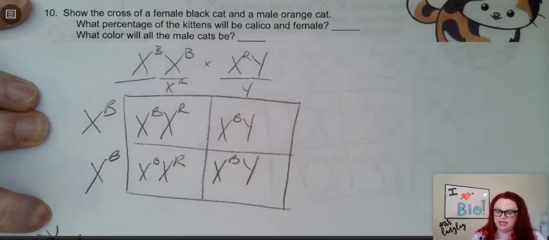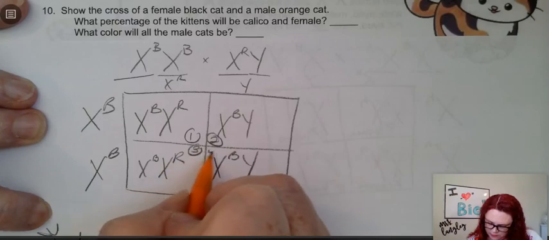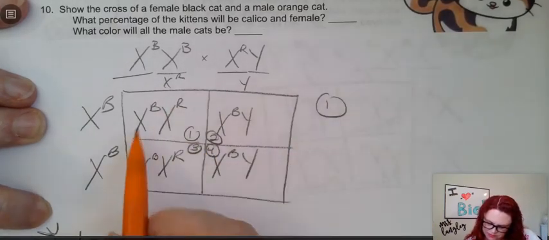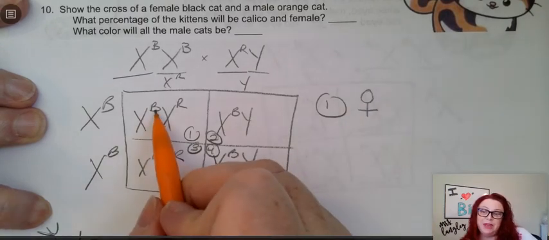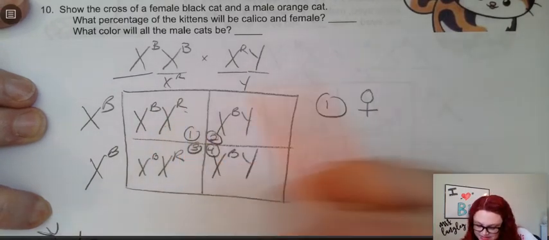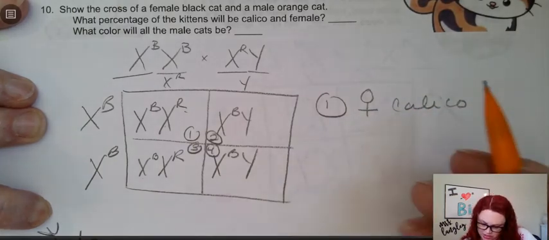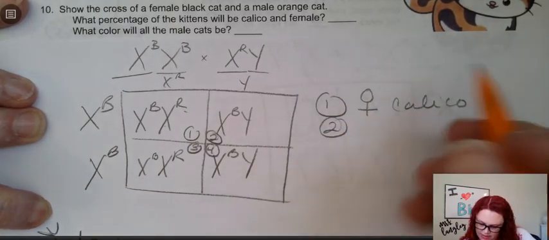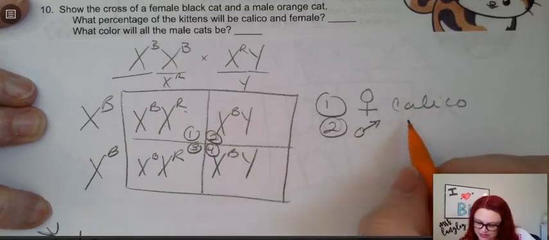When I fill them back in, 1 is going to be female, and I have a B and an R, so that means it is calico. Number 2, I have an X and a Y. That means this one is male, but only a capital B, so this one is black.